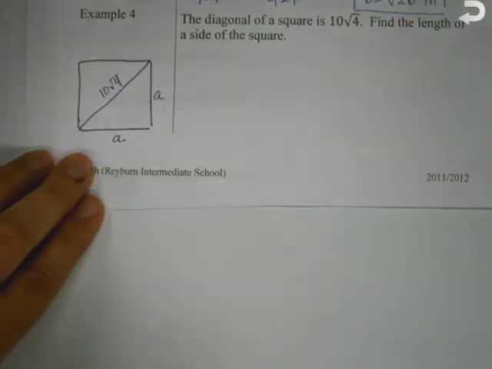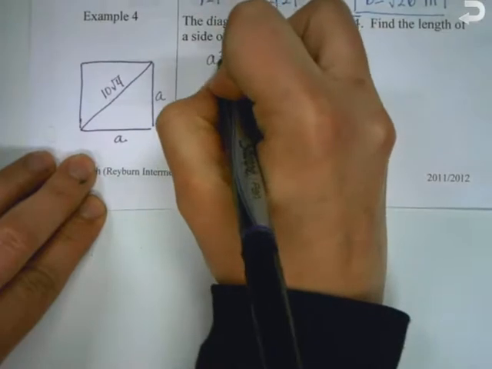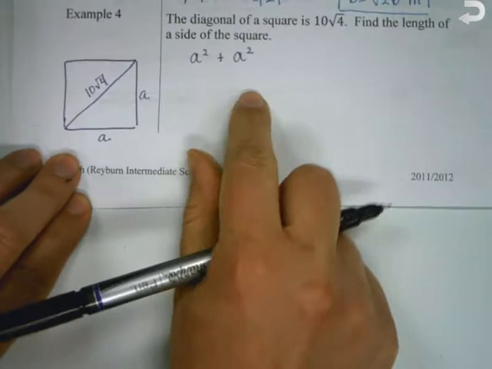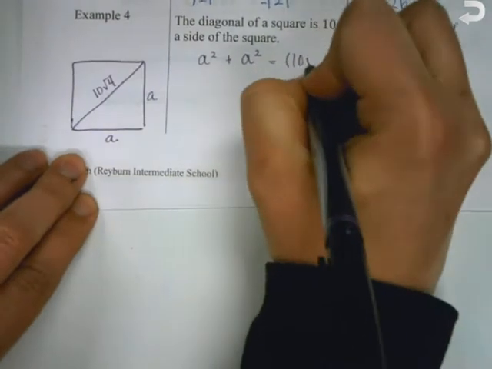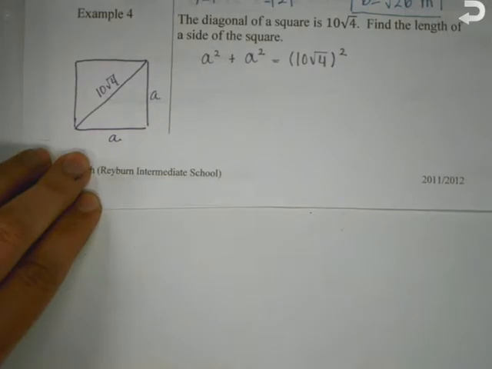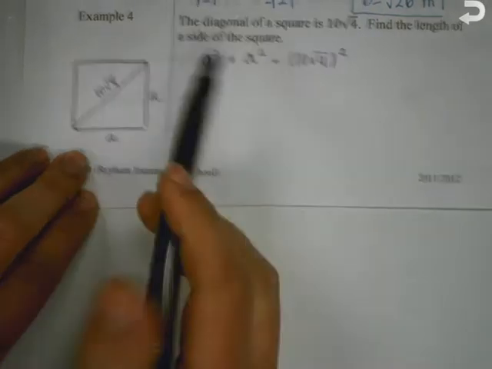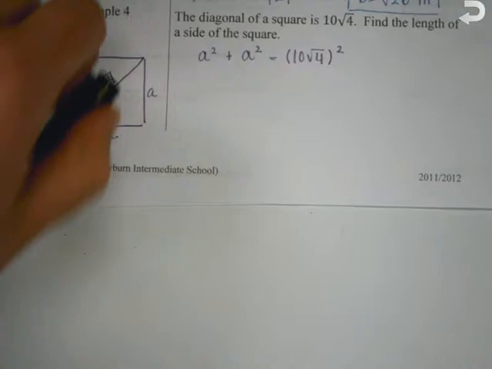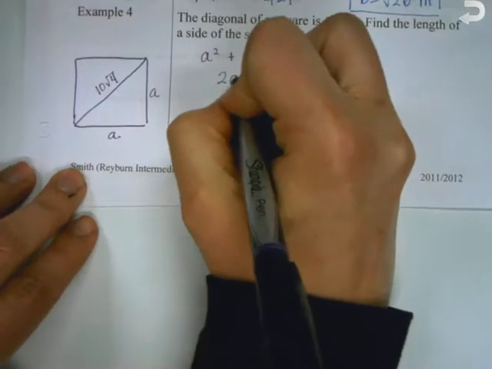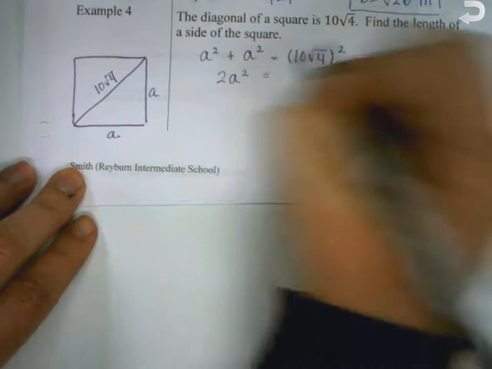A squared plus A squared equals 10 root 4 squared. So weird. I know. So A squared plus A squared, what does that give me? 2A squared equals, okay, remember we can take that square and distribute it.